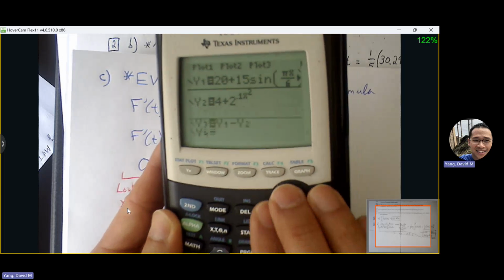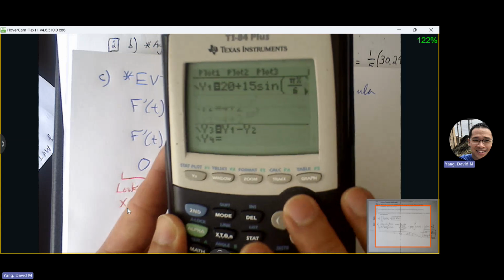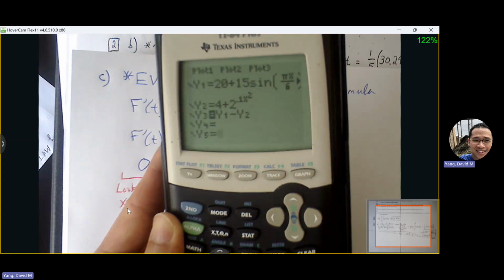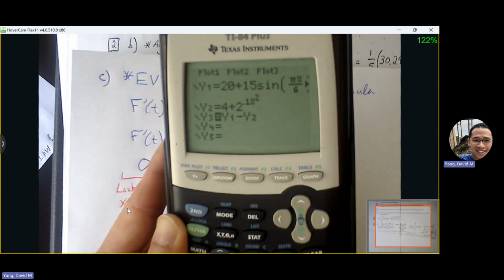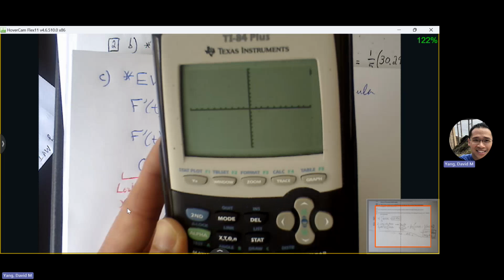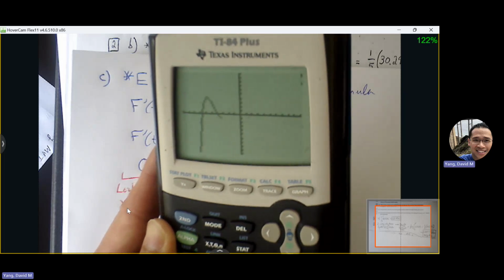So I'm going to make sure that I'm unhighlighting my y1 and y2. That way I'm only seeing the graph that I want to see. I'm just looking for the x-intercept there. So if I do zoom 6, that may not be, oh, that's not bad.